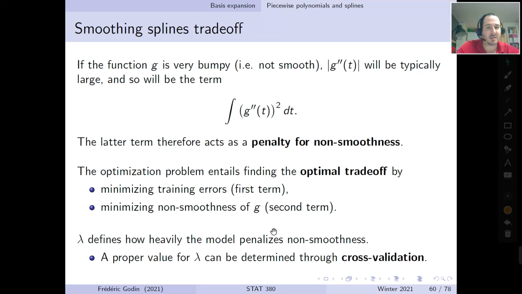Lambda determines how much you will penalize bumpiness and how much you're ready to impose additional bias and remove variance. To find this suitable bias-variance trade-off, it's once again through out-of-sample performance assessment that you can do that suitably. So you don't know in advance. Lambda typically has to be calibrated to minimize out-of-sample errors.